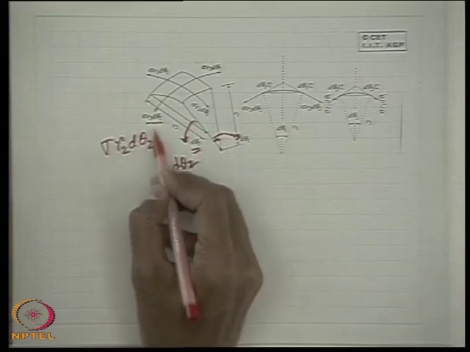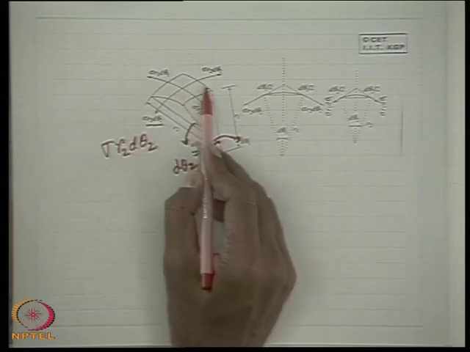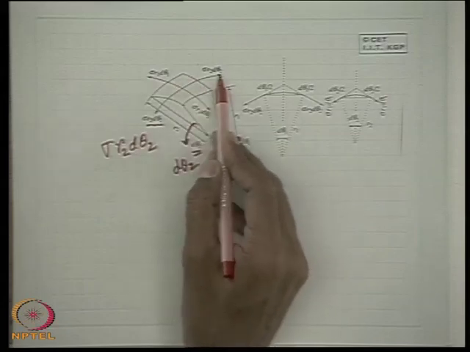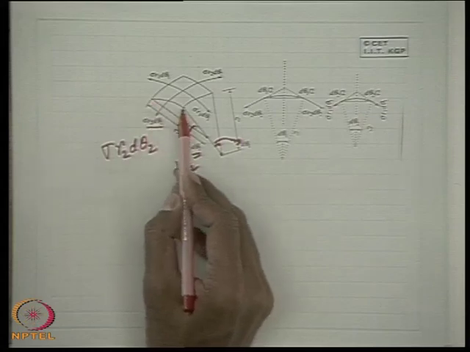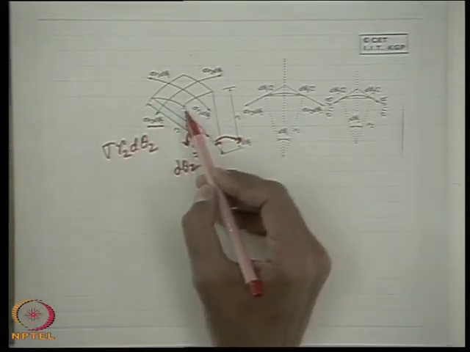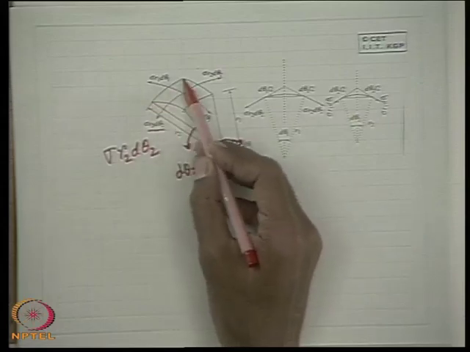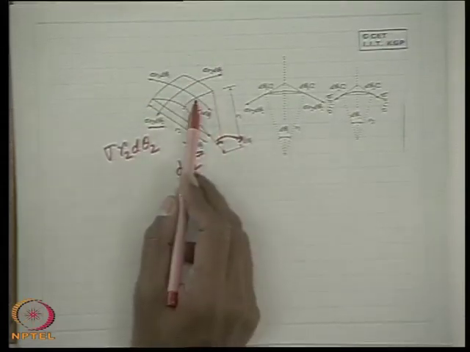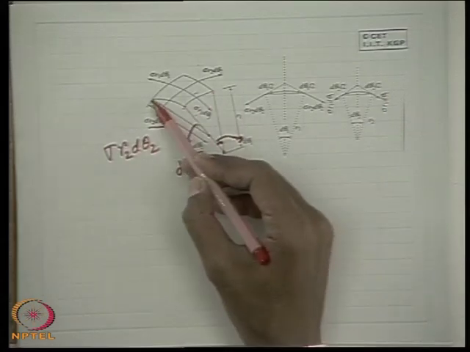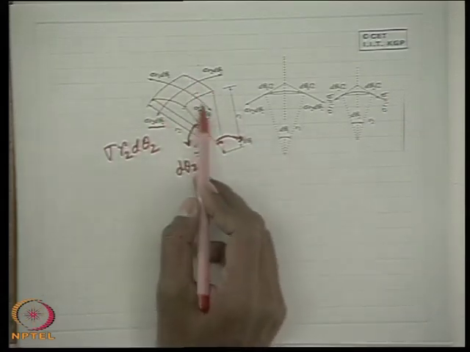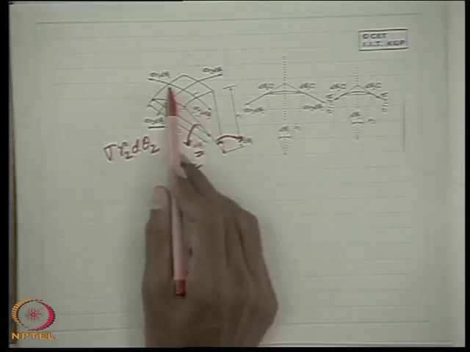Similarly, the surface tension force acting over the other elements, whose length is R1 d theta 1, is sigma R1 d theta 1, according to the definition of surface tension.